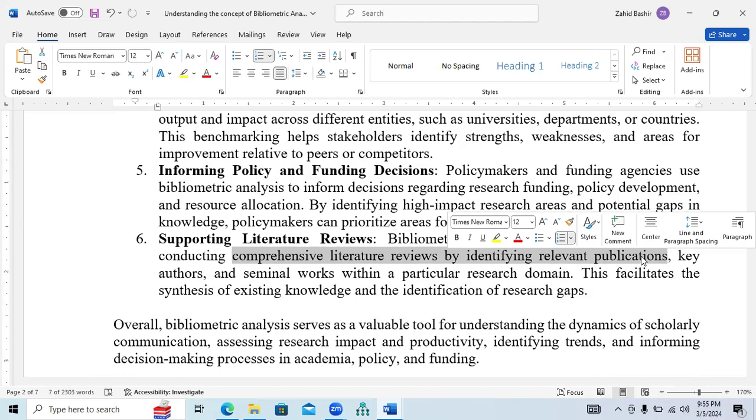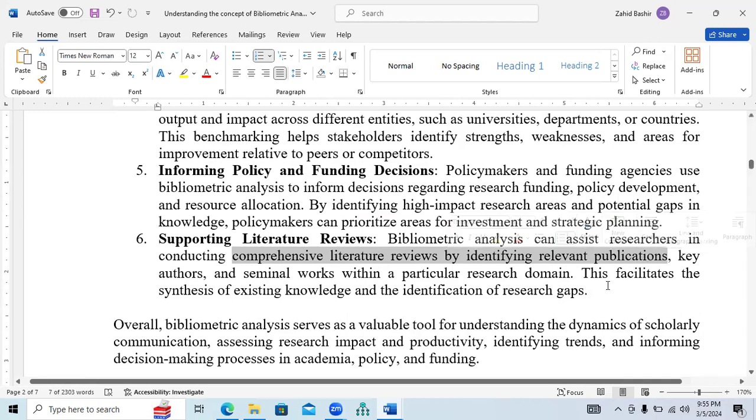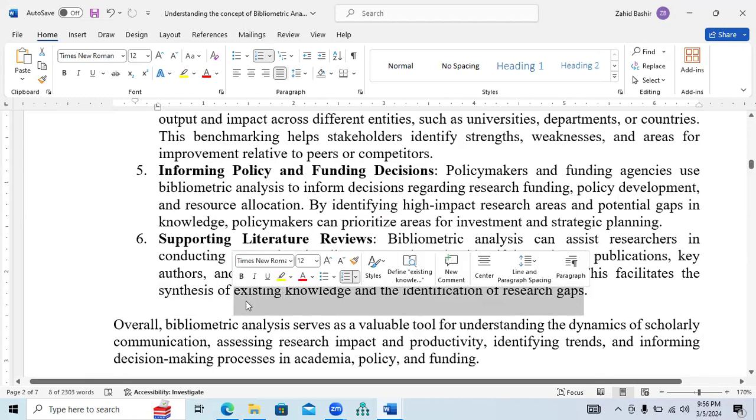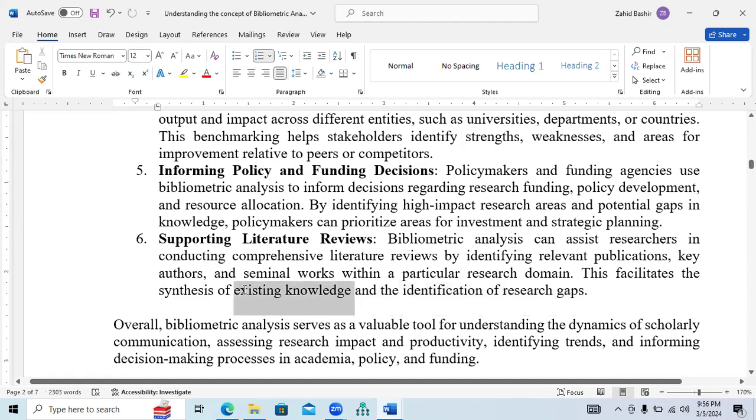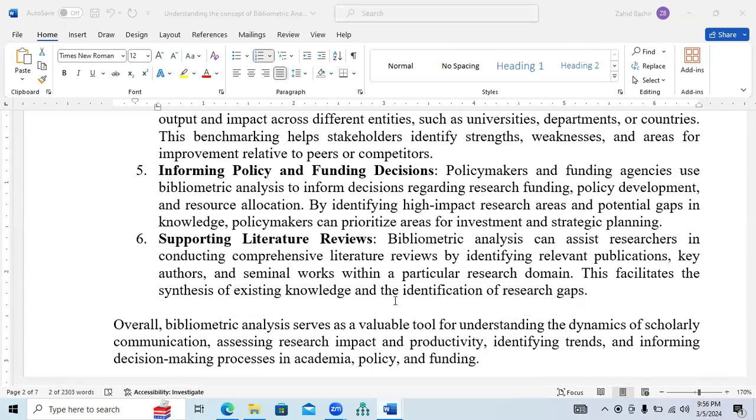Whenever I need to develop my literature review, I normally collect data in a similar way as in bibliometric analysis. It will also help me identify the future research gaps. It will let me know how much knowledge exists and what research gap you need to identify. This is the most important consideration for doing bibliometric analysis.